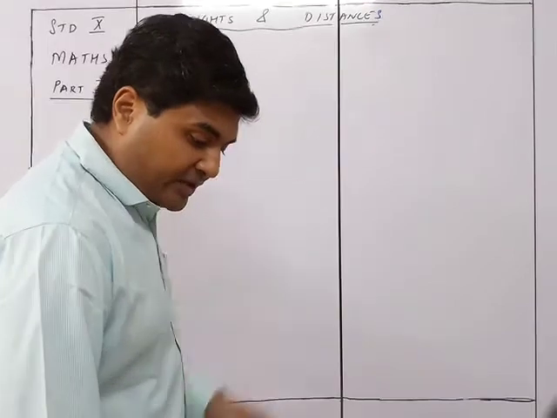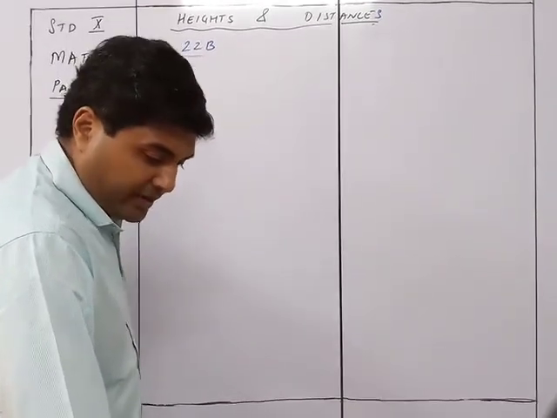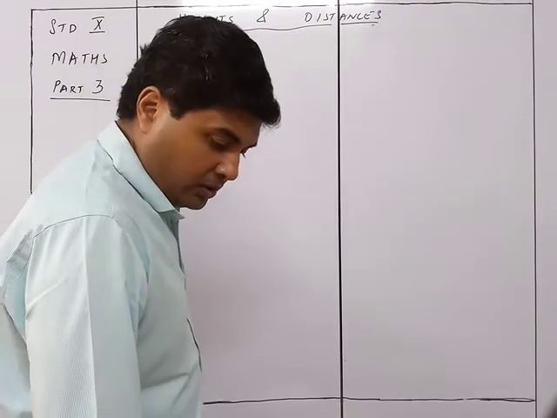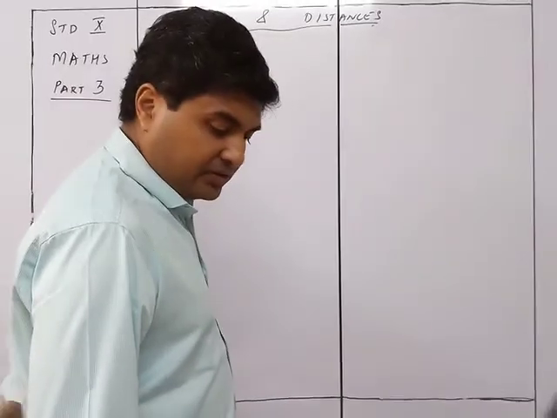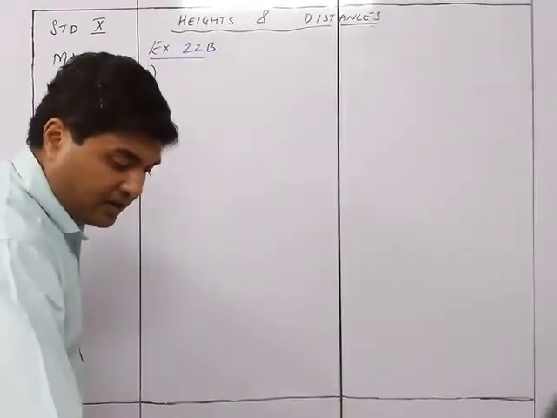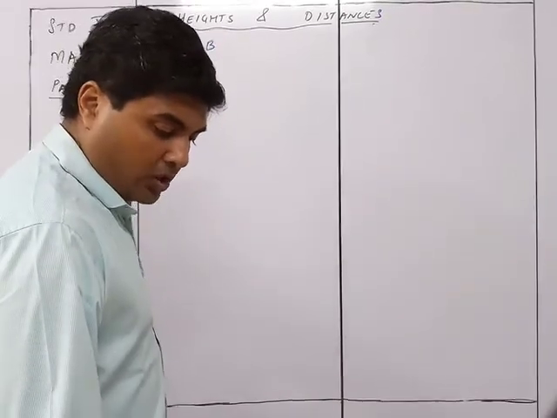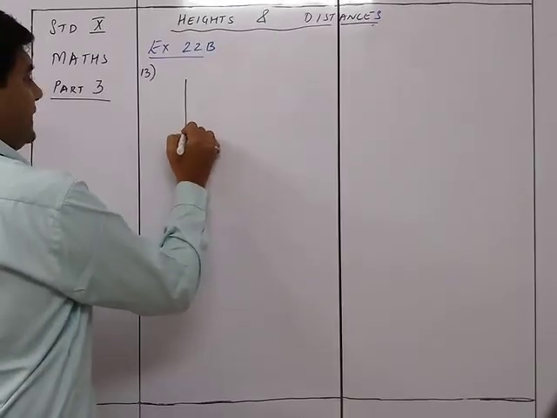The length of the shadow of a tower standing on a level plane is found to be 2y meters longer when the sun's altitude is 30 degrees than when it is 45 degrees. So it is this way, that this is a tower and these are the two shadows.